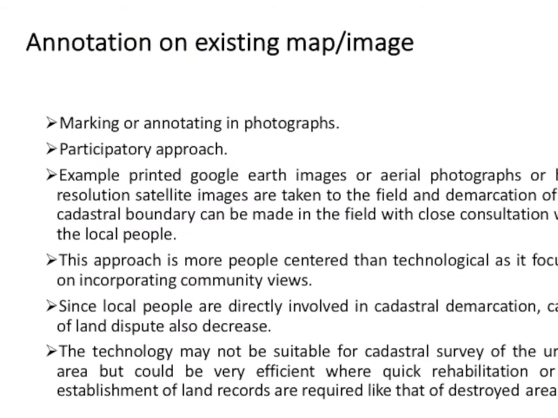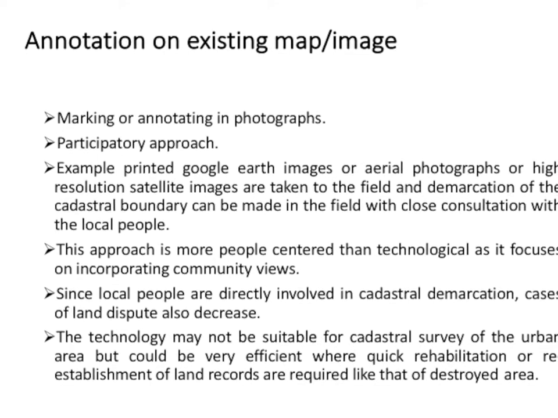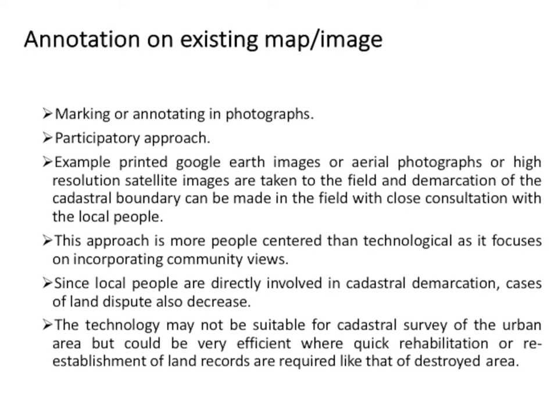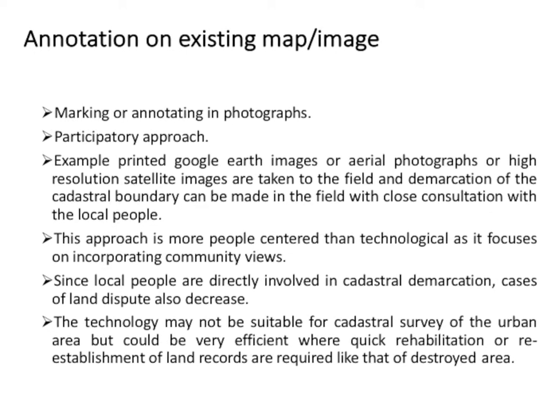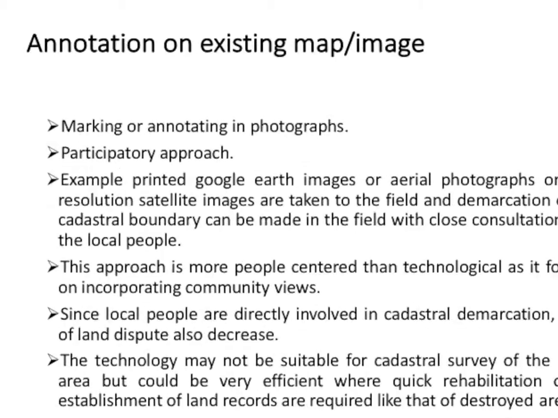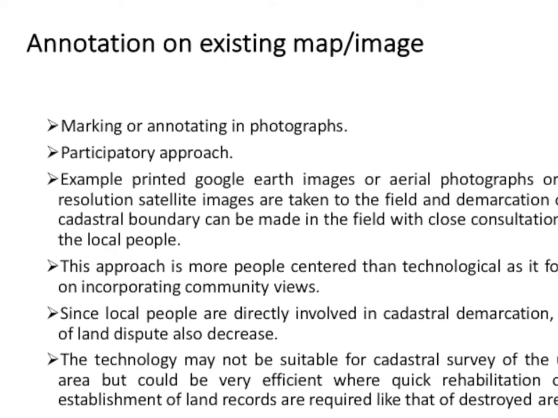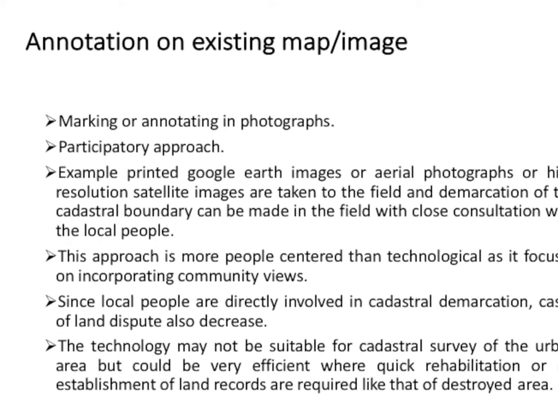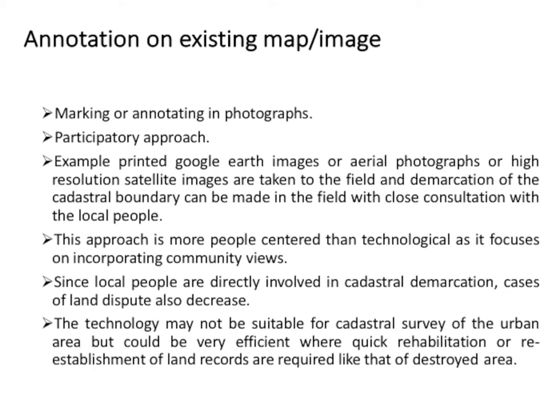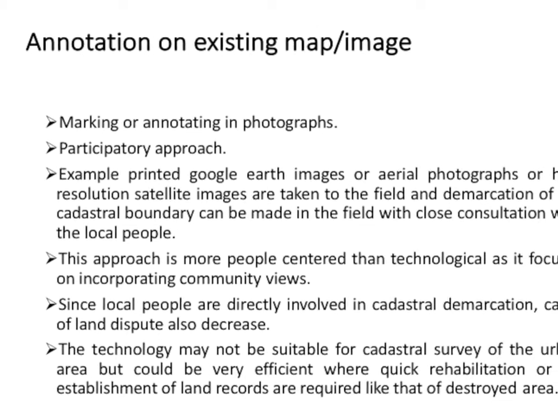Marking or annotating a photograph can be a participatory approach. An example is when a Google Earth image, aerial photograph or high resolution satellite image is taken to the field, and the cadastral boundary is demarcated in the field in close consultation with local people. This approach is people-centered and incorporates local or community views, so local people are directly involved in cadastral demarcation.